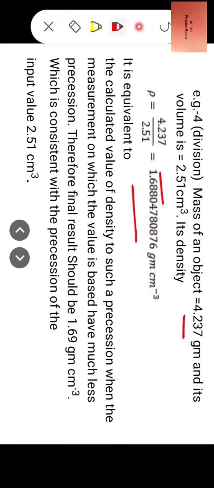Therefore, the final result should be 1.69 grams per centimeter cube, which is consistent with the precision of the input value of 2.51 centimeter cube. Okay, so here you have 3 significant figures, so the final result must have 3 significant figures.